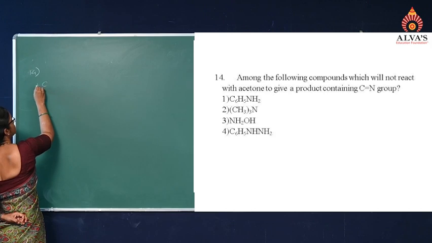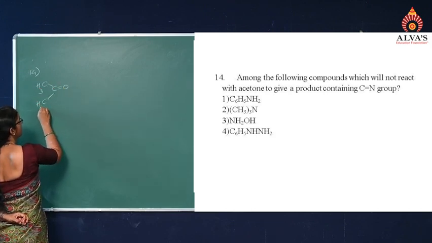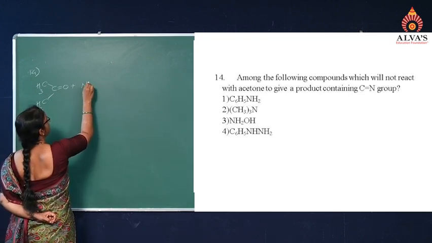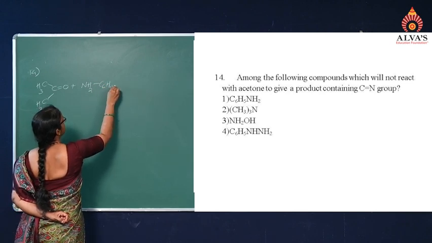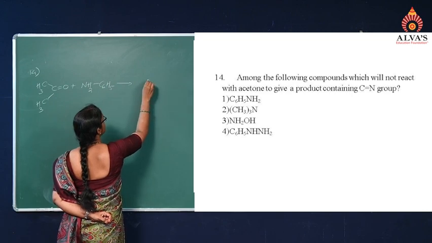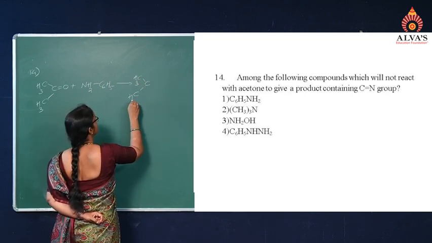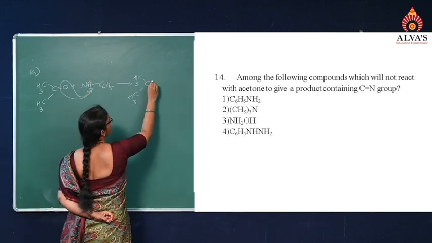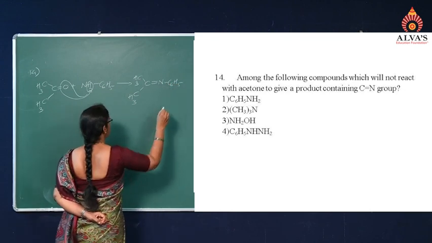In case of the first, acetone, CH3COCH3, reacts with aniline. I write aniline as NH2C6H5, and it will undergo reaction resulting in an addition product. You can remove a molecule of water from here, giving you the imine, N-C6H5.